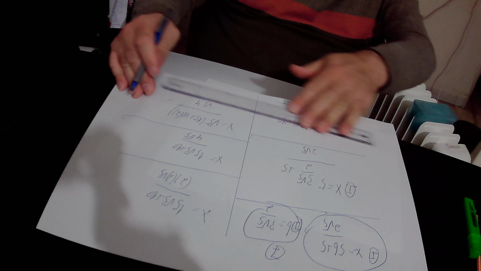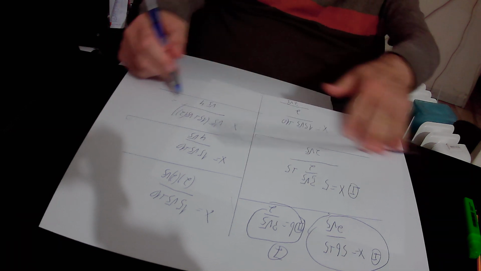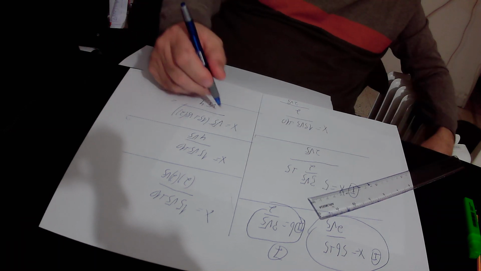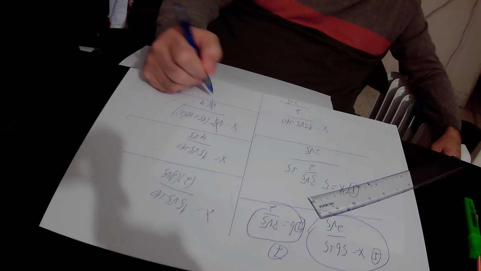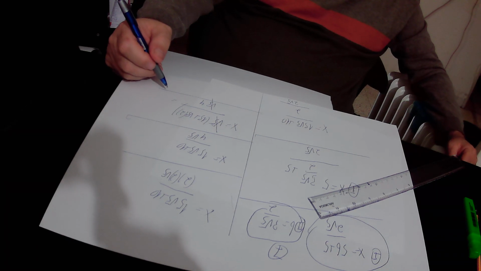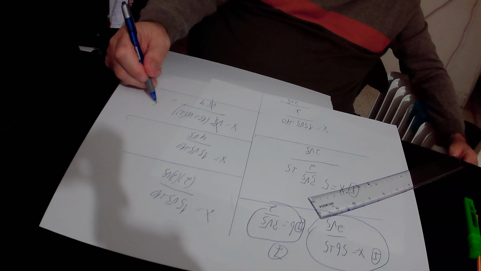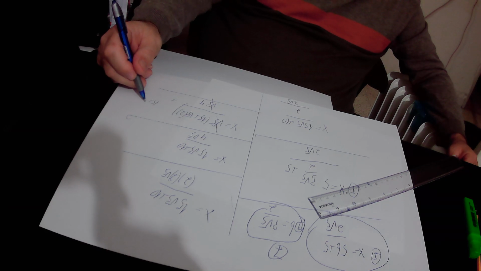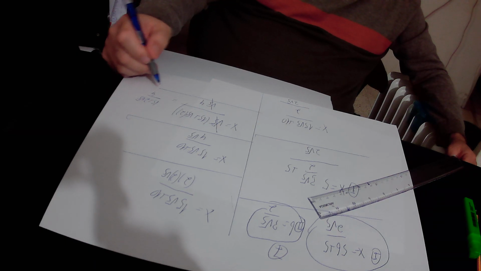So here we have square root of 5 in the numerator and square root of 5 in the denominator, so square root of 5 gets cancelled. And finally we get that x equals 15 plus 2 times square root of 5 over 4.